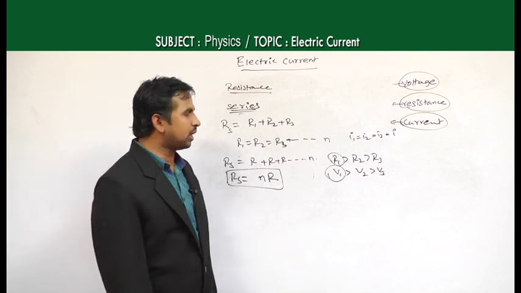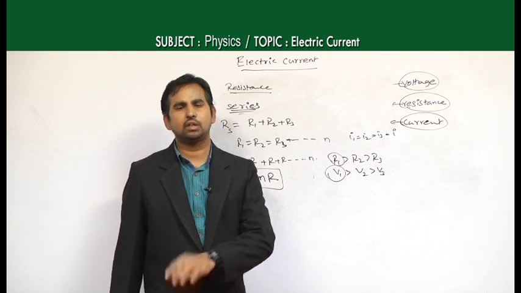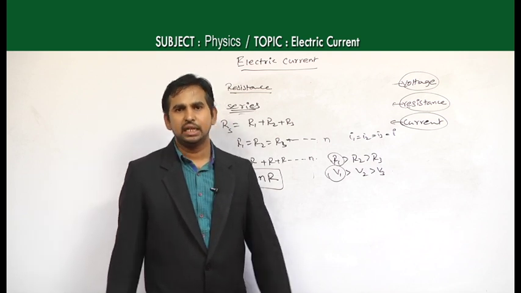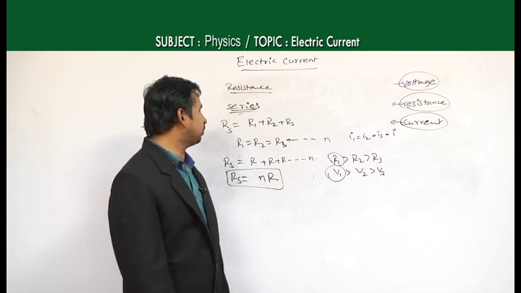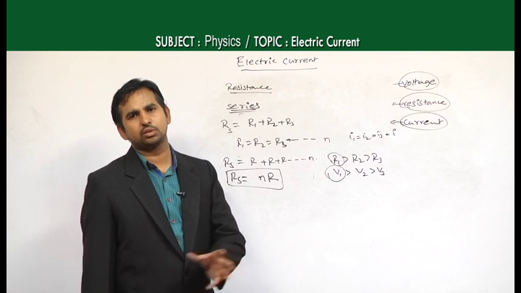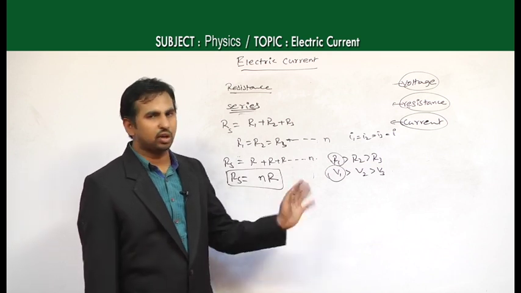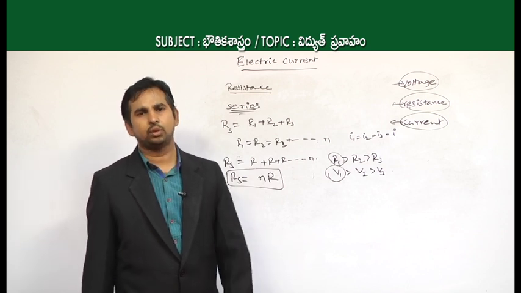So, if you switch off one of the lights, then the remaining ones also go off. That is the major problem in a series connection: if you cut one of them, the remaining also switch off.